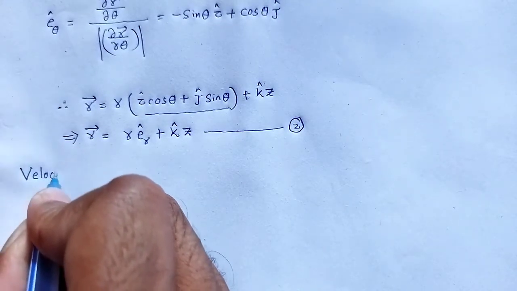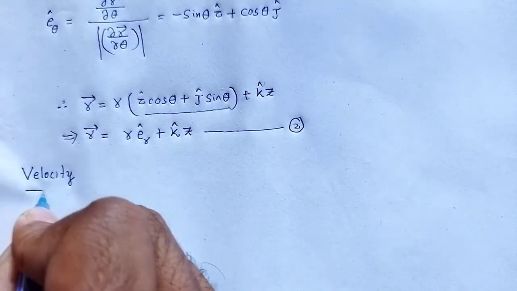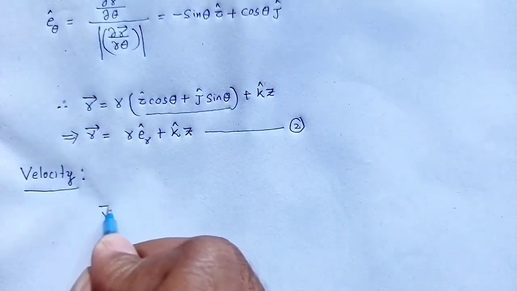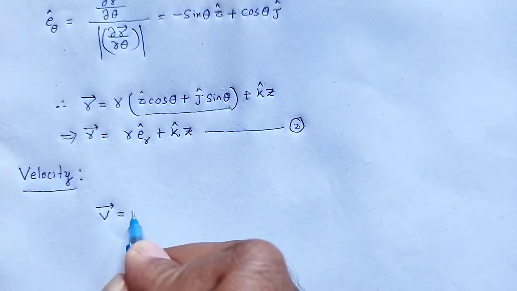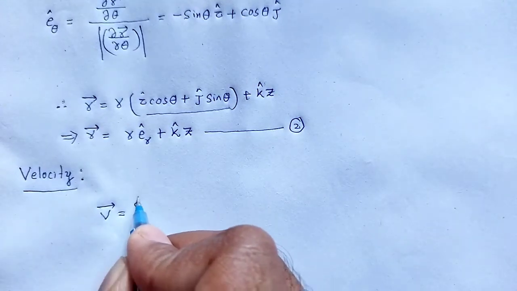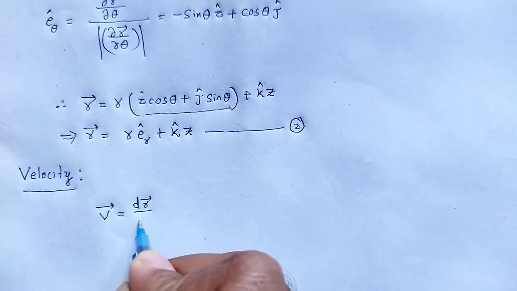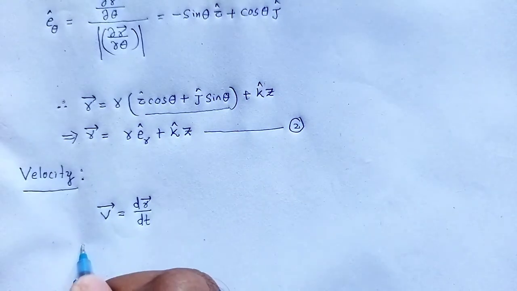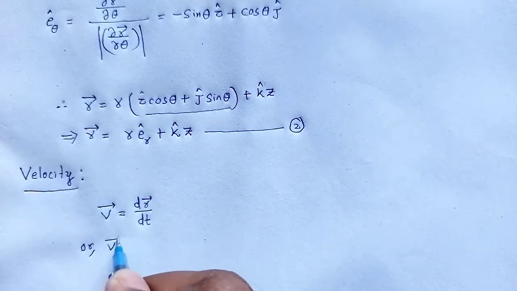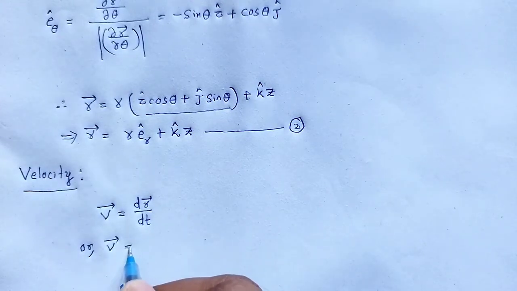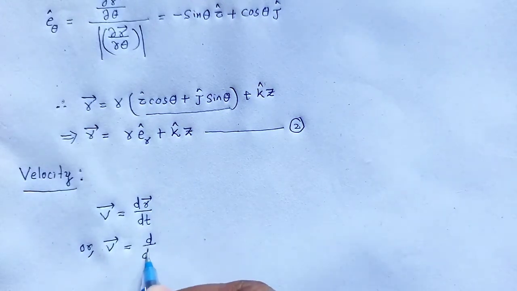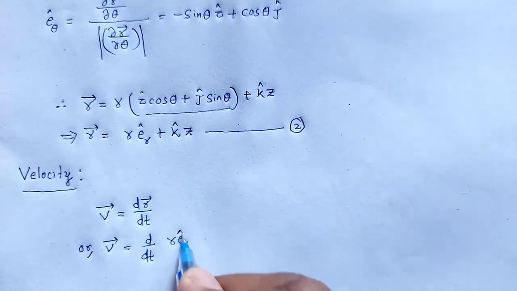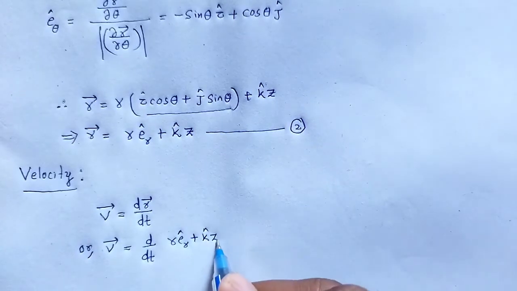For velocity, we know the velocity vector v vector is equal to the rate of change of position, dr by dt. Or v vector is equal to d by dt of, in place of r vector, r e r cap plus k cap z.